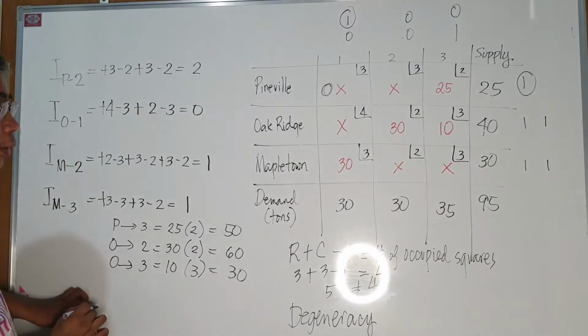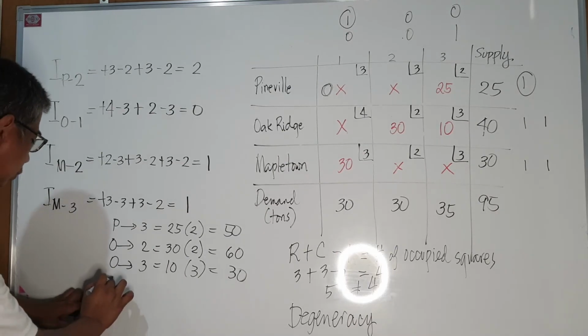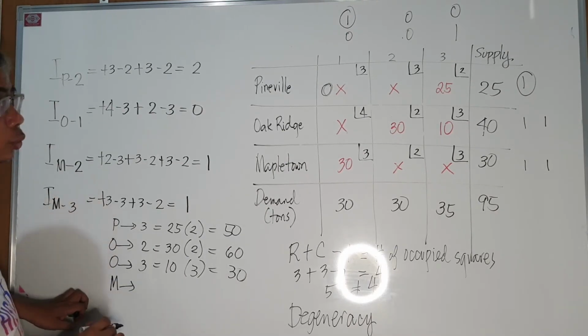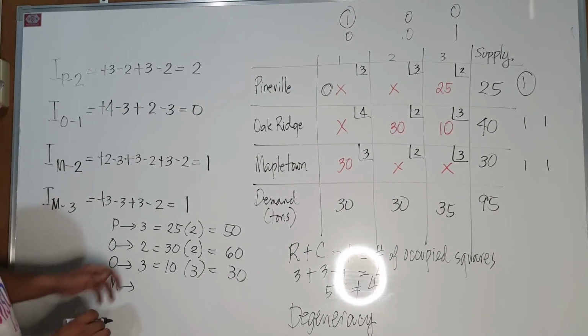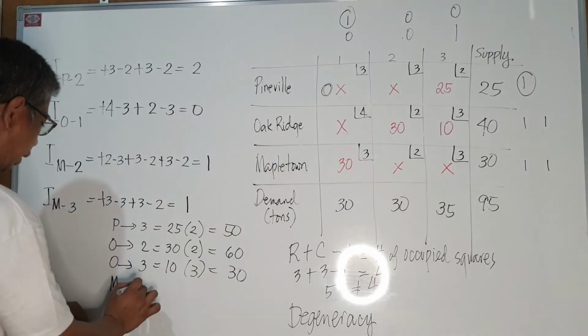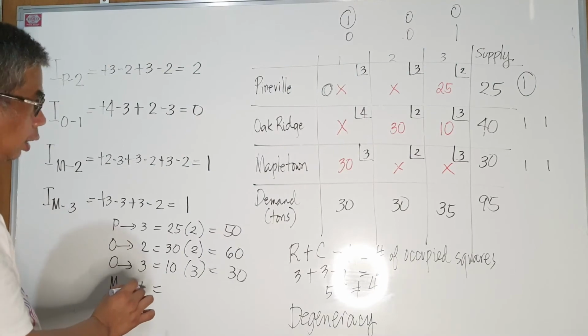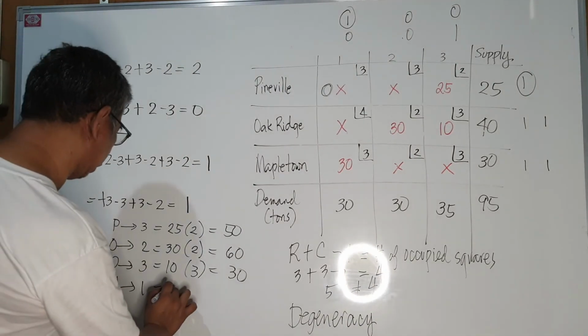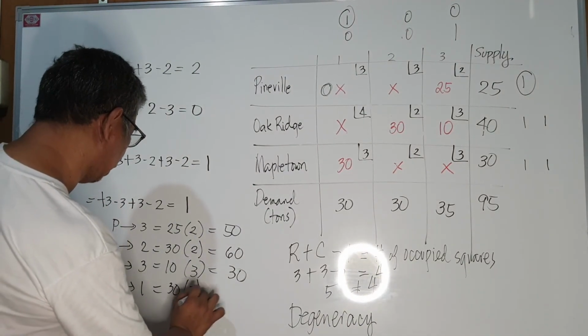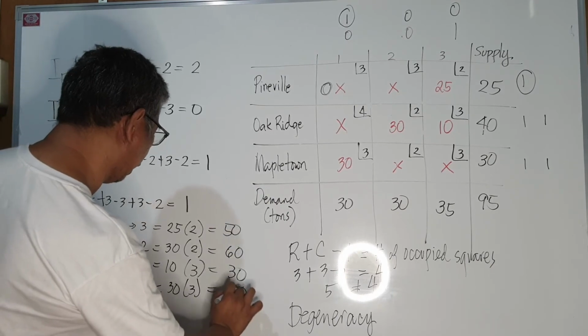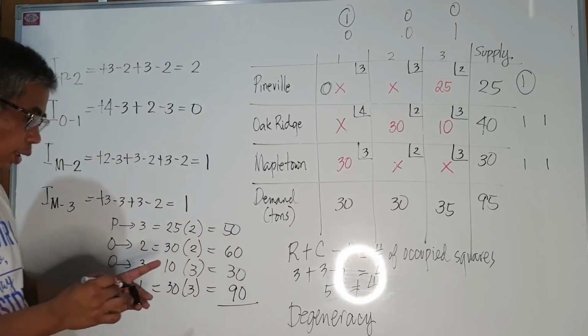Then, from Mapletown to supply house 1, we have 30 times 3, 90. Okay?